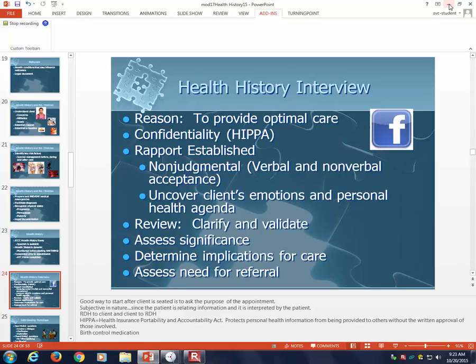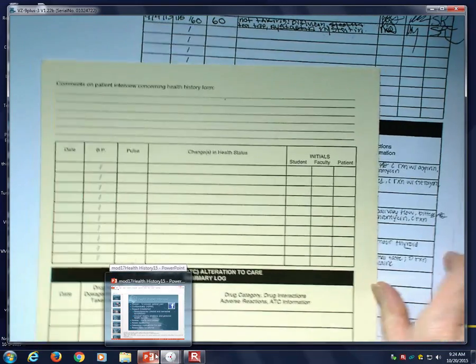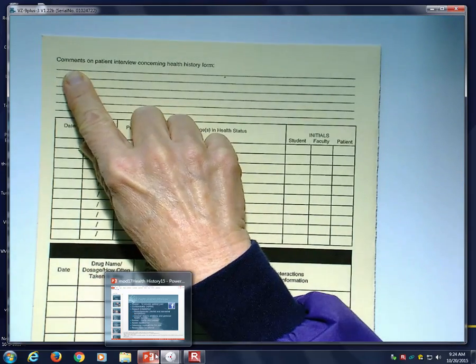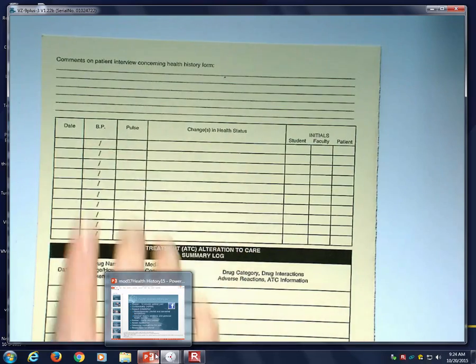So any questions that you have for the health history form, you put the number here and you write neatly the answer. So if the patient has asthma, and I'm making this up, what do you think you would ask them?